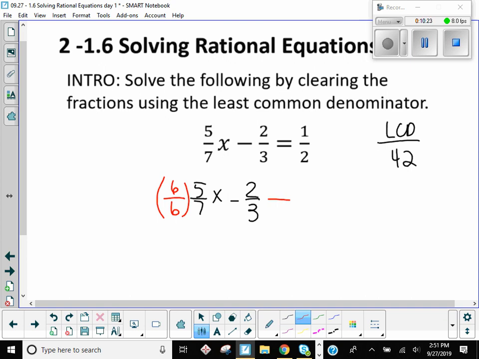How many times does 3 go into 4? 1, with a remainder of 1, so that makes 12, and 3 times 14 is 42. It's the common denominator. It's a number that all three of these go into at the same time. The 7, the 3, and the 2.